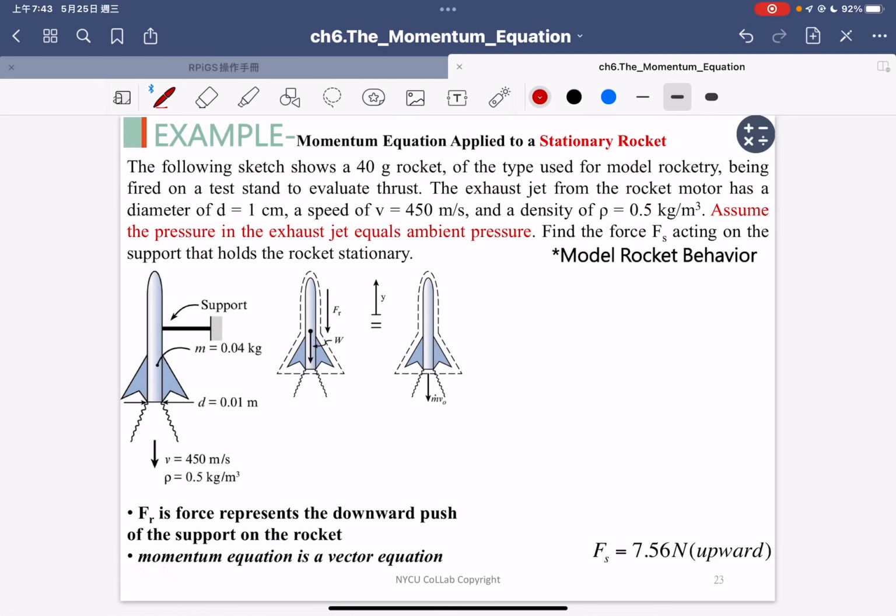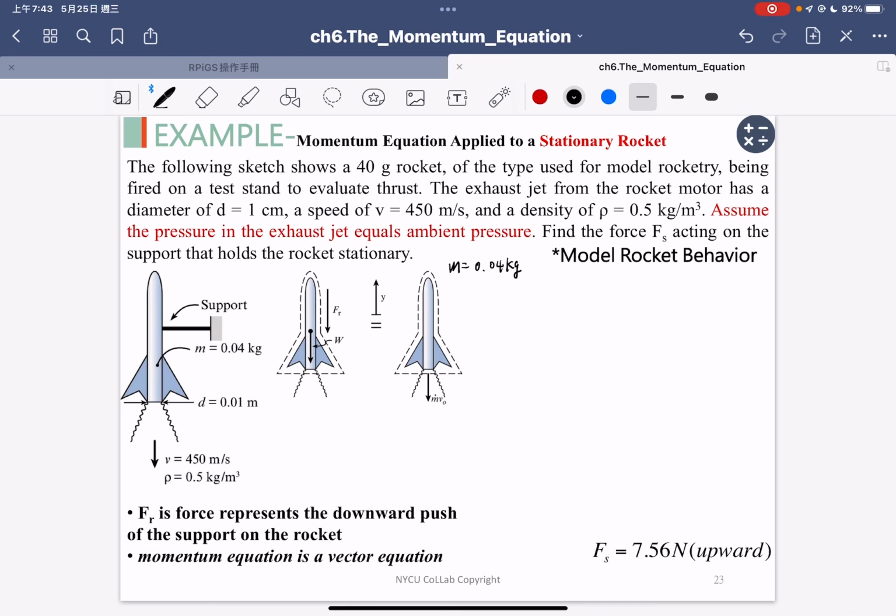So let's do our first example, related to the rocket, a very famous exercise about model rocket behavior. Let's write down the information from the question. First, the rocket mass is 40 g, which is 0.04 kilogram.